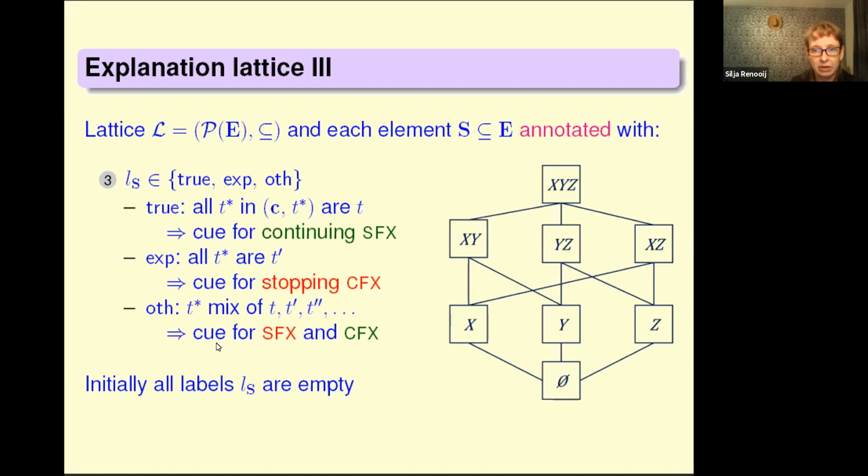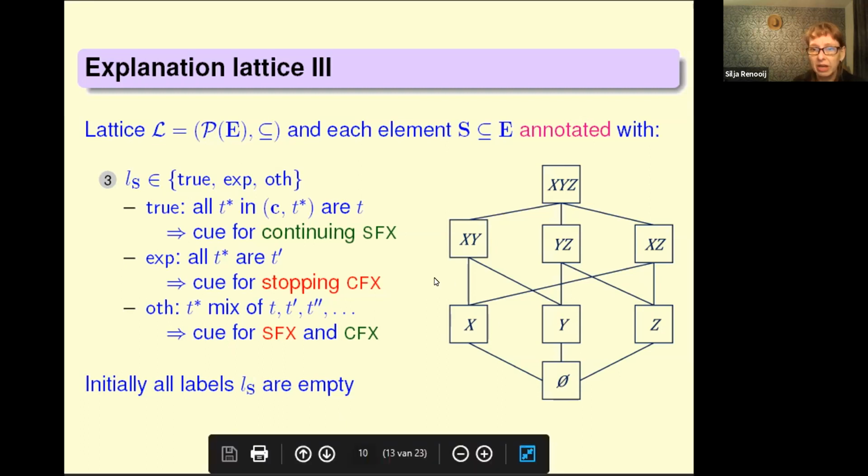That means that for all possible combinations of the evidence other than what we have observed for the variables that are not in that lattice element, we find the same outcome that we had in the first place, so our original output. So that means that regardless of the values for variables in C, we will find our original output. So that means there could be a sufficient explanation there, but there still could be a smaller one.